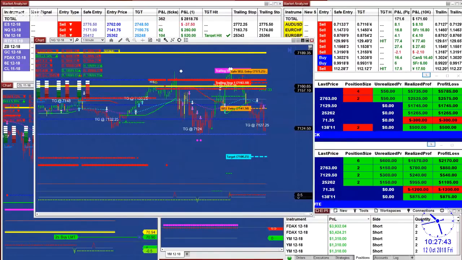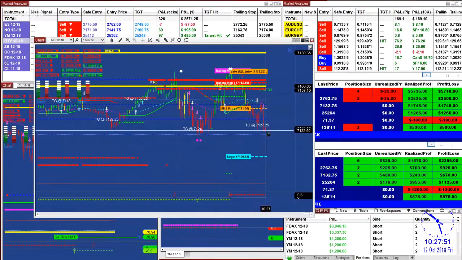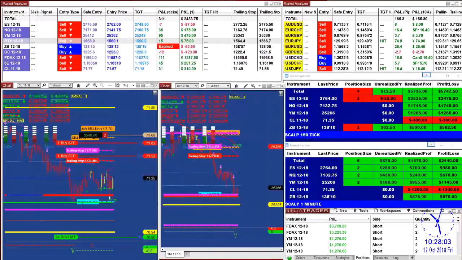Okay, thank you, sir. 4175. I was right, because that's what I usually do, one tick. And right now on the Nasdaq, you are 36 ticks. Am I right? And the ES is just in line.